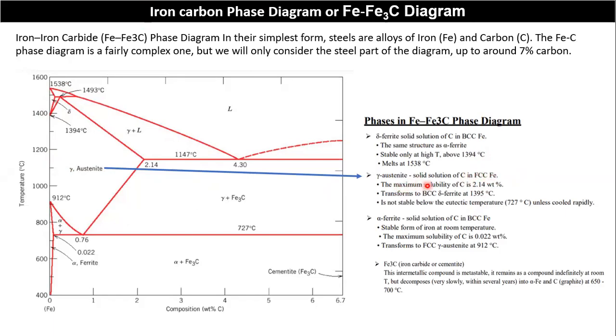So here the maximum solubility of carbon is 2.14 weight percent of carbon. See here, maximum to maximum.